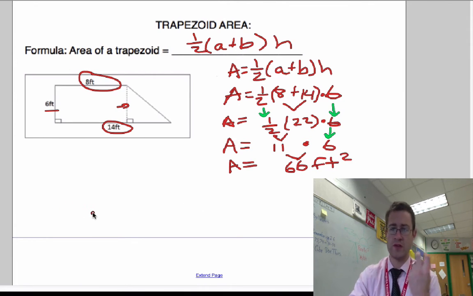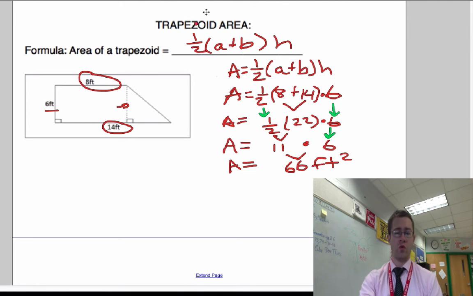So let's summarize what we did. We took our formula. We replaced the variables A, B, and H with their values in the trapezoid problem. We had 8 as our first base, and 14 as our second, A and B, times our height of 6.